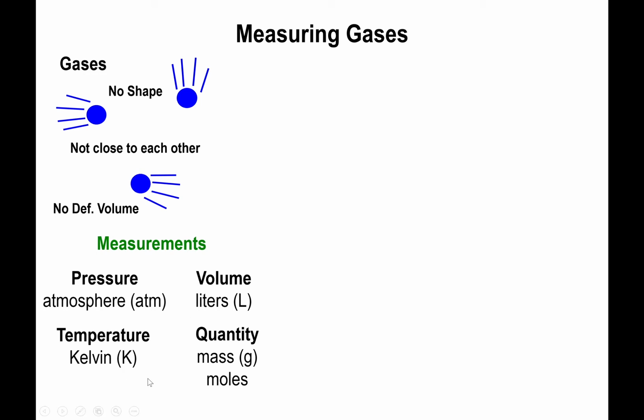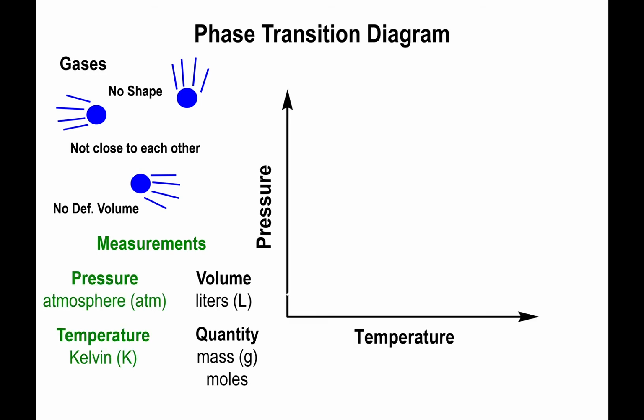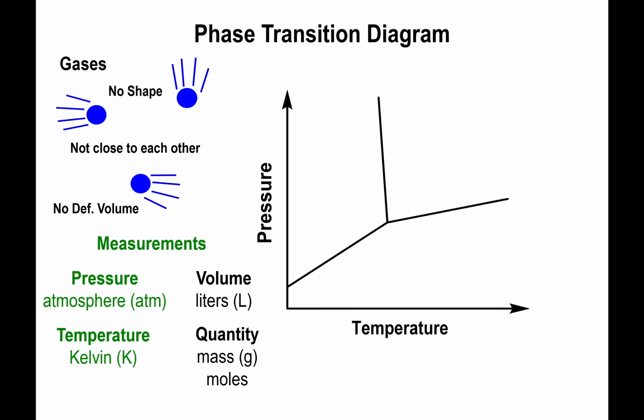And all four of these parameters, pressure, volume, temperature, and the quantity of the gas, give you the whole picture of what the state of the gas actually is. Now, one way to look at the state of the substance is via a pressure-temperature graph, in which you can define where the gases fall.